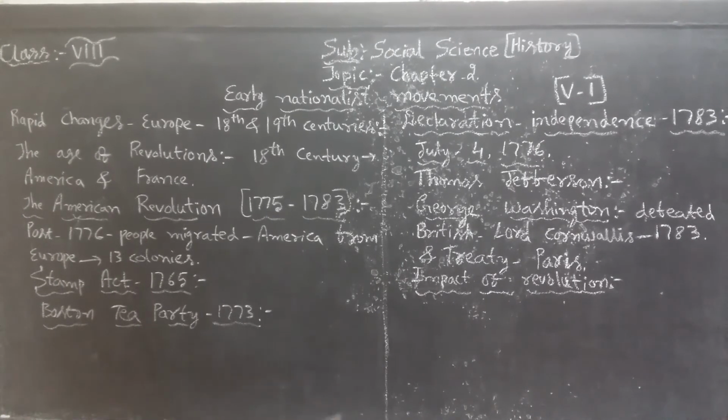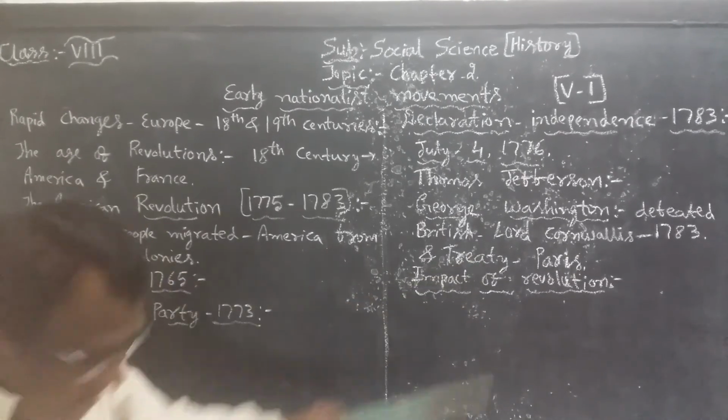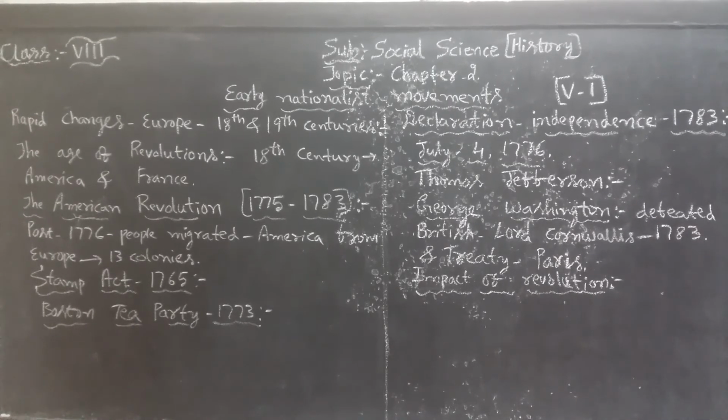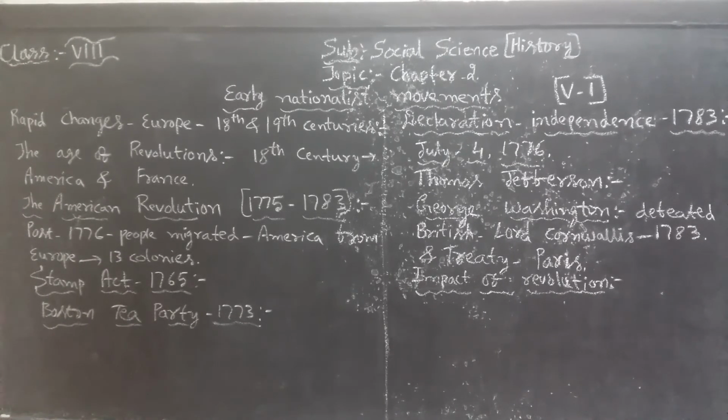In the year 1783, the Treaty of Paris was signed and England recognized the independence of its 13 colonies, which merged to form the United States of America, USA.